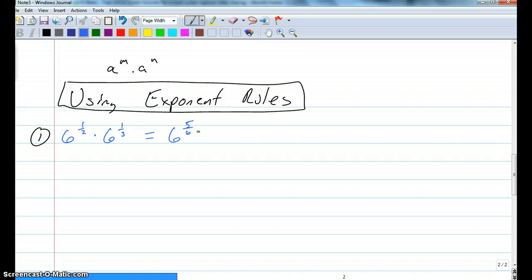Our final answer should not have negative exponents, nor should they have fraction exponents. So we need to rewrite this. And another way to rewrite this is the 6th root, the denominator is the index, the 6th root of 6 to the 5th power. Again, this is exponent form, this is radical form. Our final answer, we want it to be in radical form.